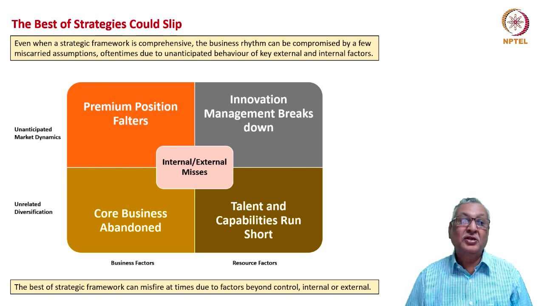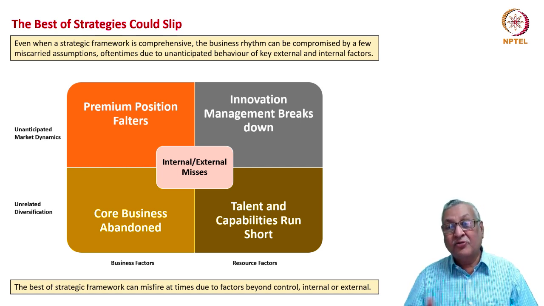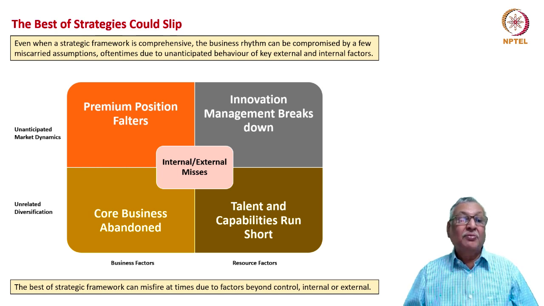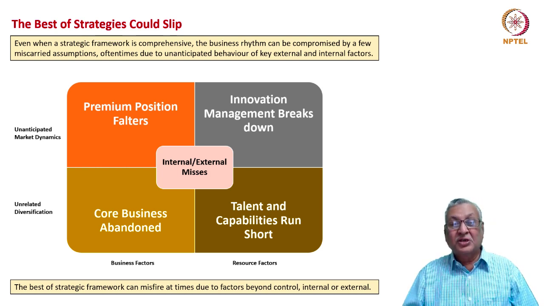So misfiring of the strategic framework should always be taken as a risk which we must plan for and guard against. And factors are not always within our control. Some factors are within our control, but some factors are always beyond our control, internal or external. Even if you look at today's situation, 2021, companies have benefited from huge liquidity availability due to the quantitative easing adopted by different central banks.